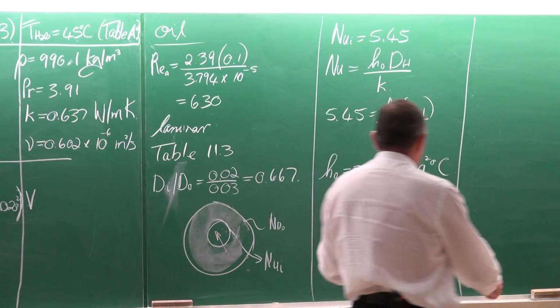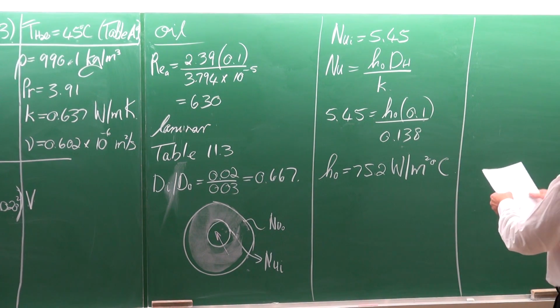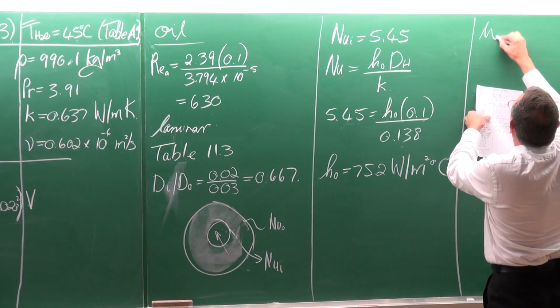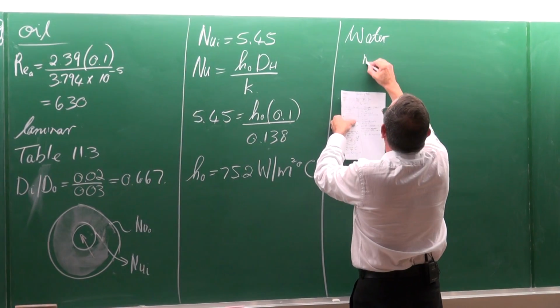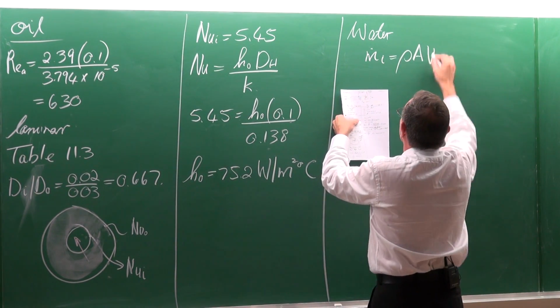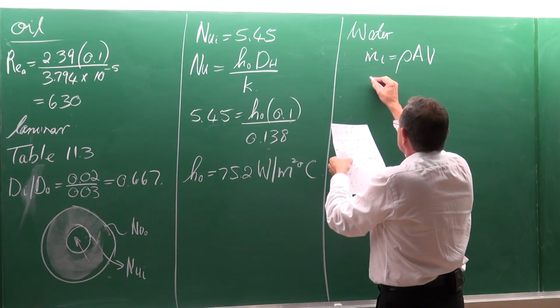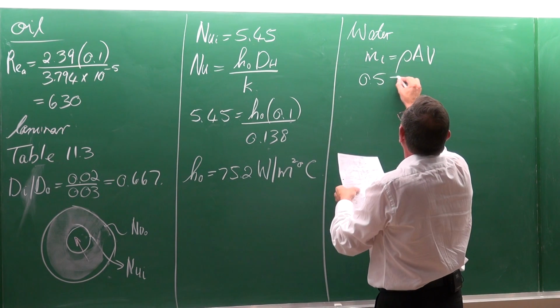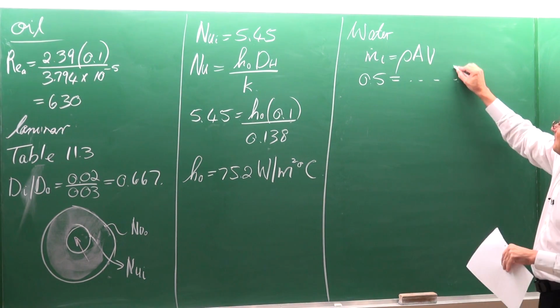Right. So that is now for the oil side. Let's look at the water side. For the water side, the mass flow rate on the inside is equal to rho A V. The mass flow rate is equal to 0.5. I'm not going to write in all the values there for you.